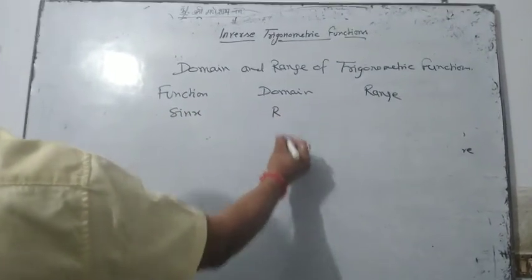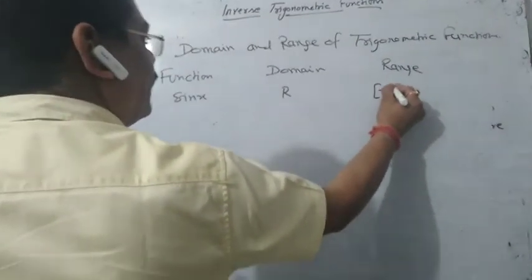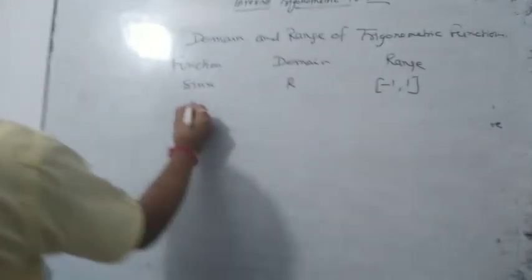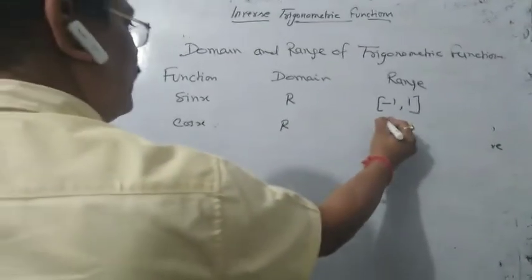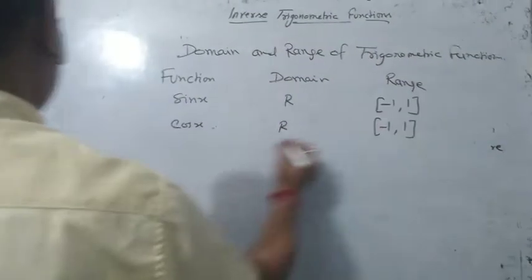Domain is real. Range is [-1, 1]. Cos x: domain is real, range is [-1, 1].